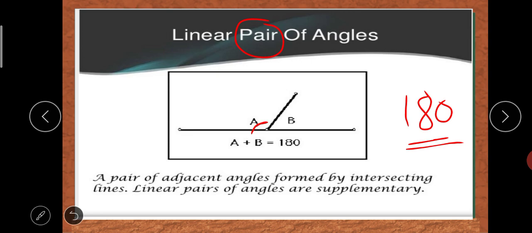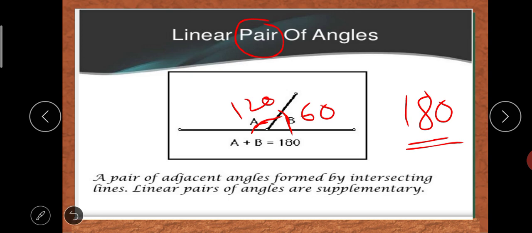So here, A is an angle and B is also an angle. So A plus B equals what? 180. Suppose angle A is 120. What will be the measurement of angle B? That is 180 minus 120, and we get 60.